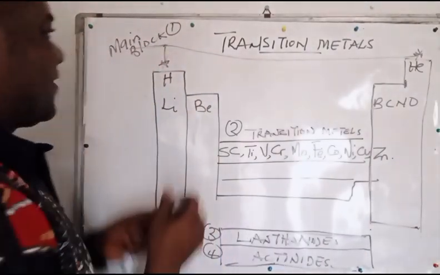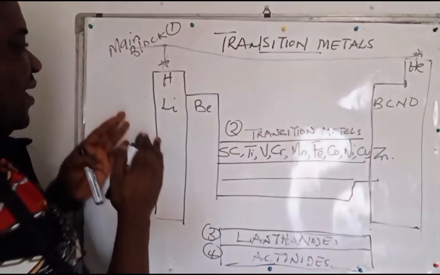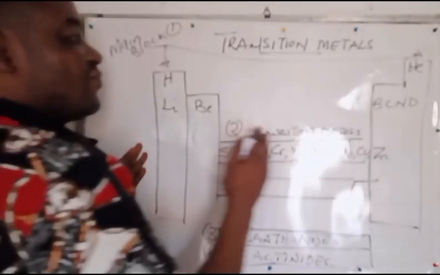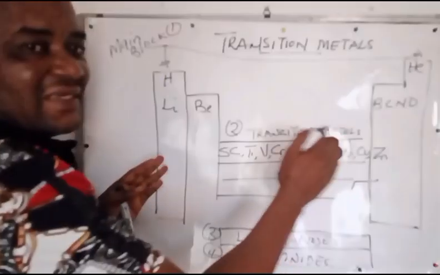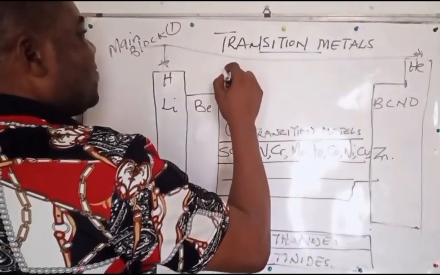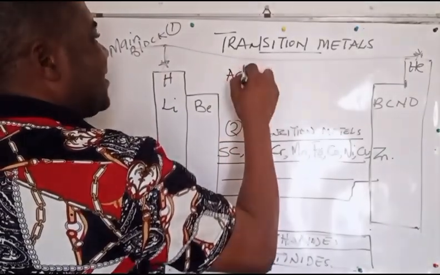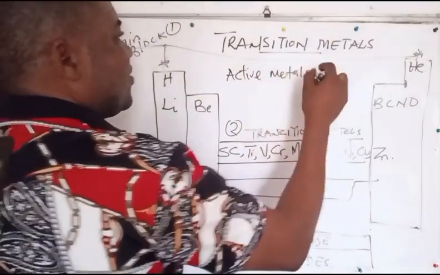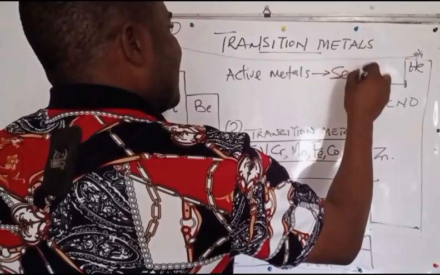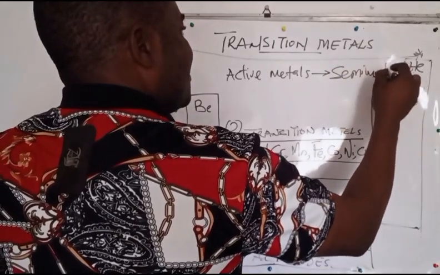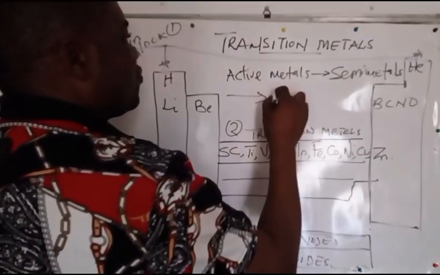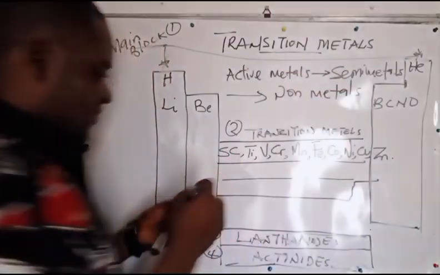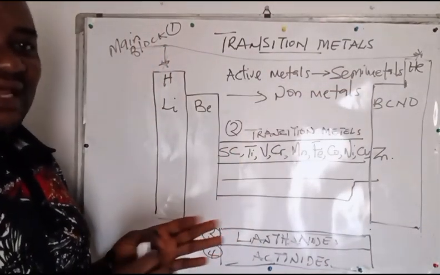If you take a look at this periodic table, you'll notice that as you move from the left across the row to the right, you move from active metals, to semi-metals, and then to non-metals. This is how it looks.